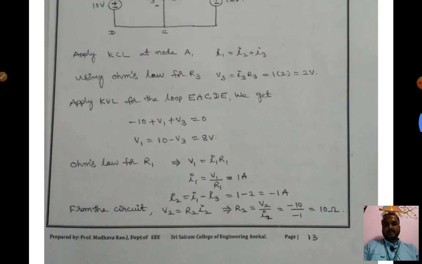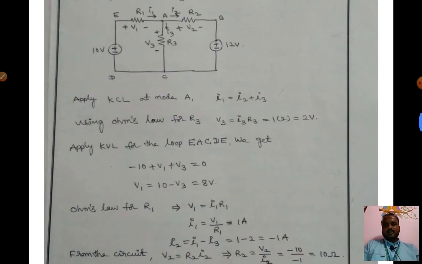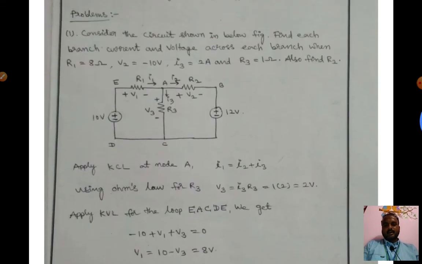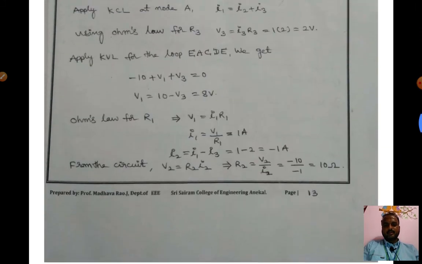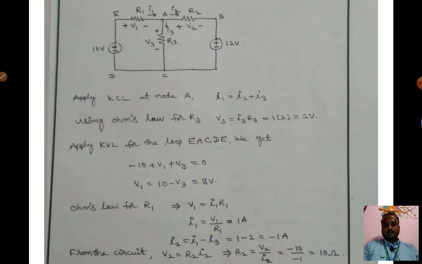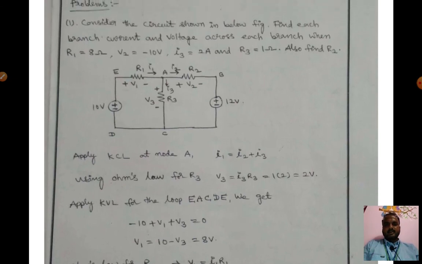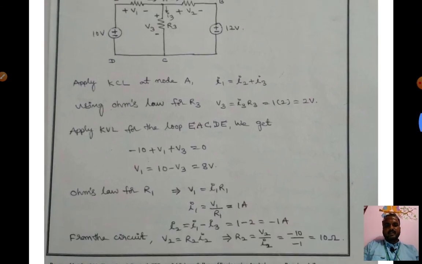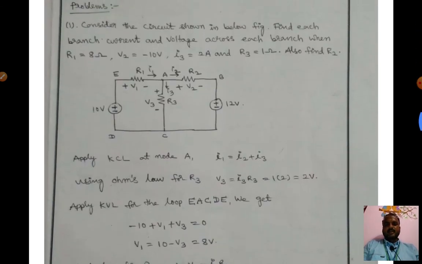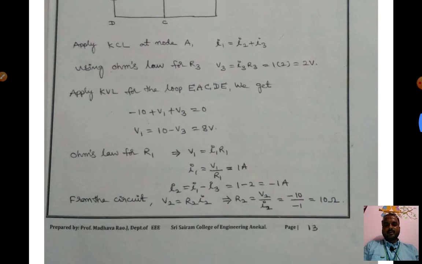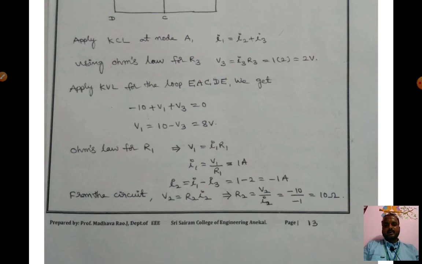V1 is 8 volts, V2 is 10 volts, and V3 is 2 volts. Next, the branch currents I1, I2, I3. I3 is already given, and I1 and I2 we had to calculate. I1 is 1 ampere and I2 is minus 1 ampere.